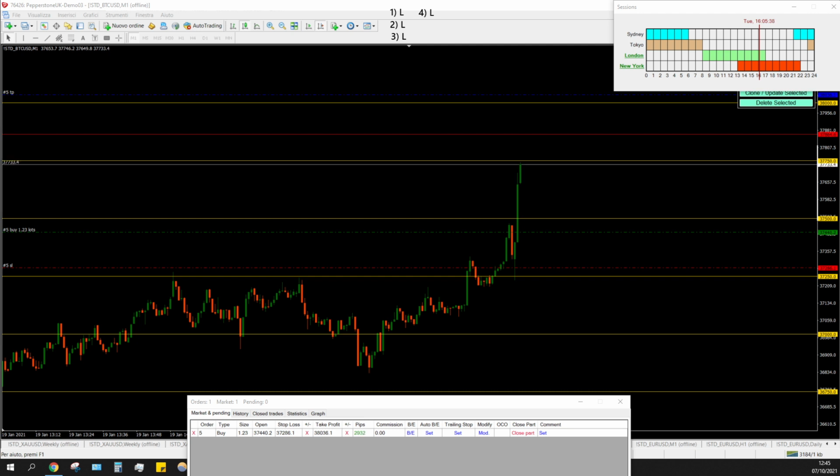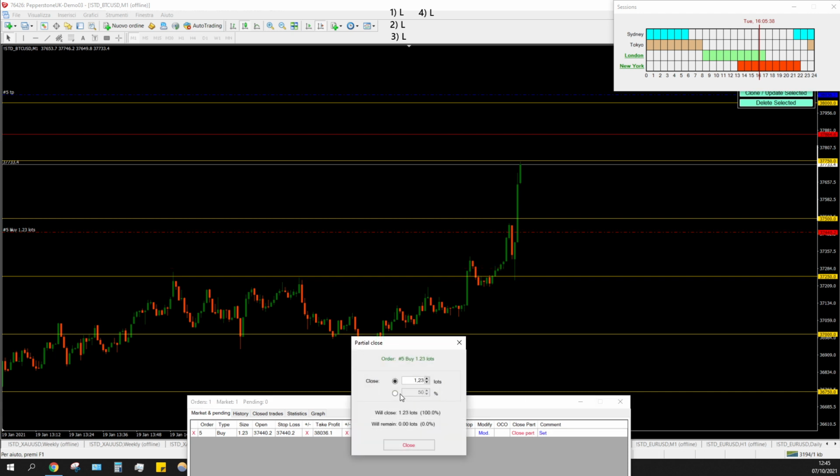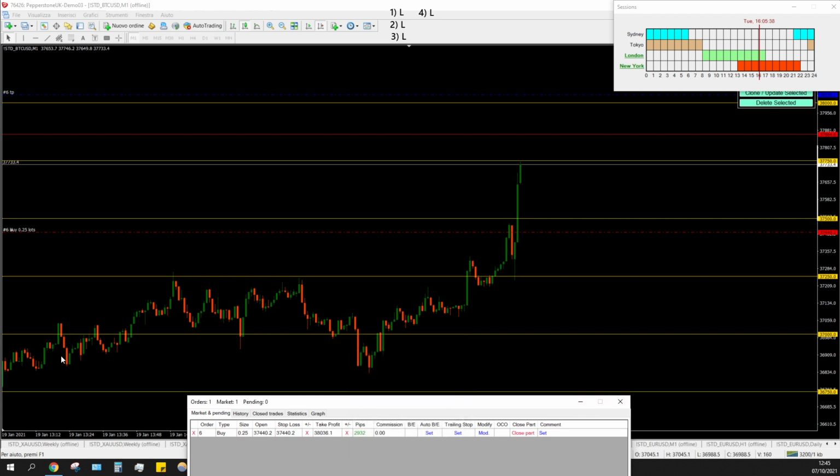Okay, we got our 30 pips over here. So we go to break even, we close partials, 80%. We get our fifth win of the session. And move on. Let's see the next candles.